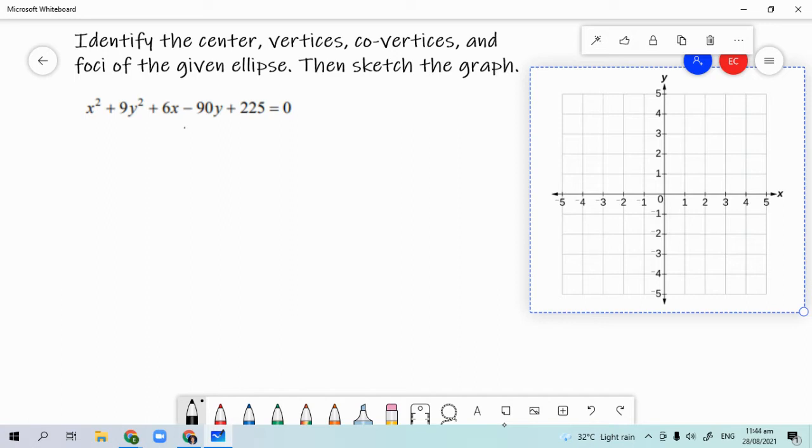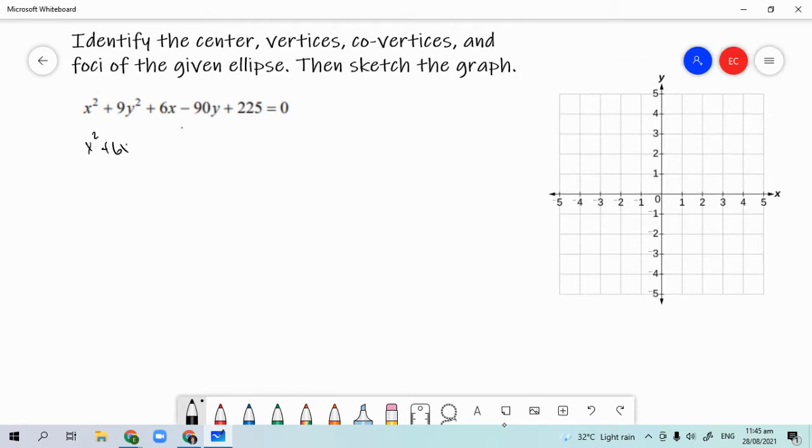So to do that, we group together x squared and 6x plus 9y squared minus 90y is equal to negative 225. And then completing the square, we have x squared plus 6x plus 9, plus, in this case, I'll factor out 9.